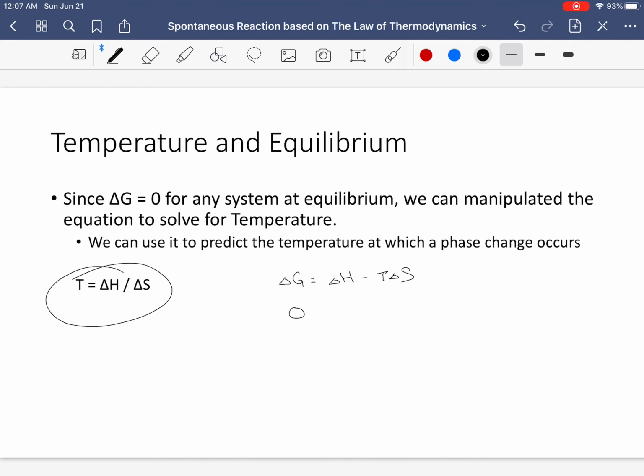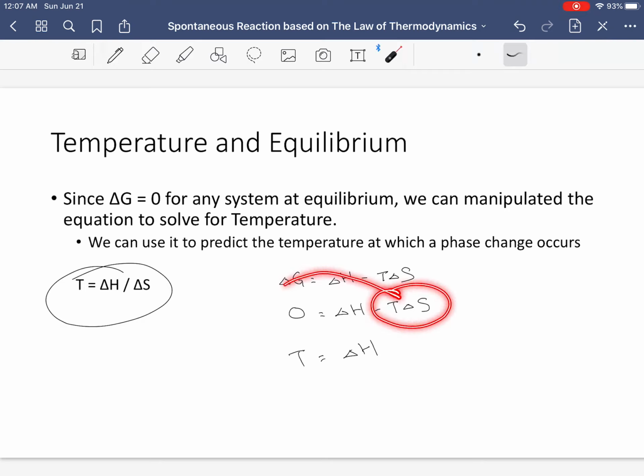equation, right? If delta G is equal to 0, that means delta H minus T delta S can be rearranged like this, where you have T equals delta H. Notice that I kind of just moved this to the other side.